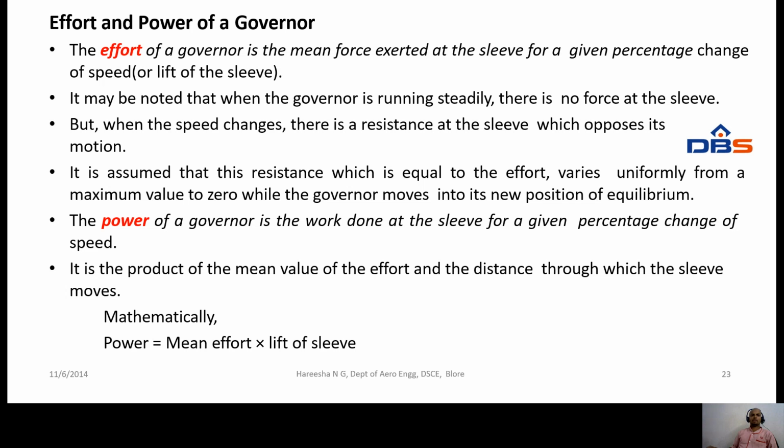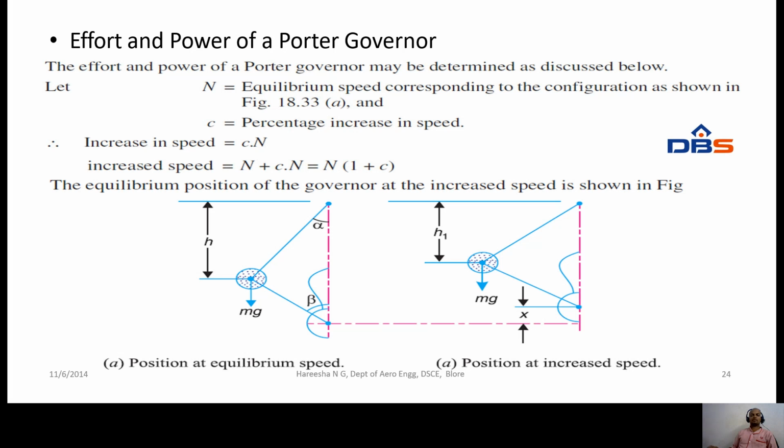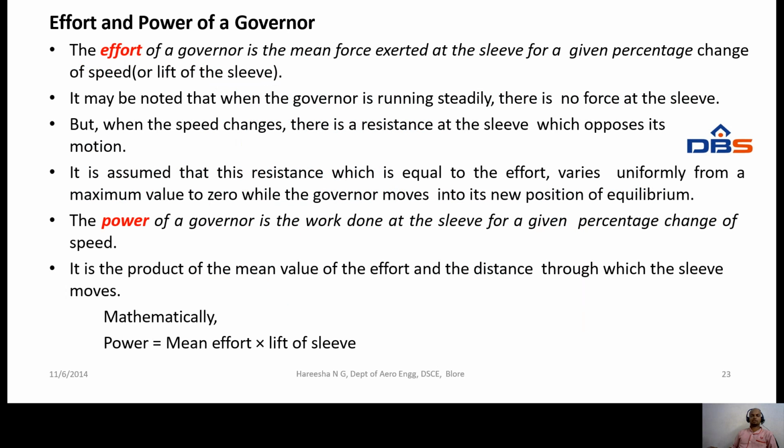Mathematically, power is equal to mean effort into lift of the sleeve.